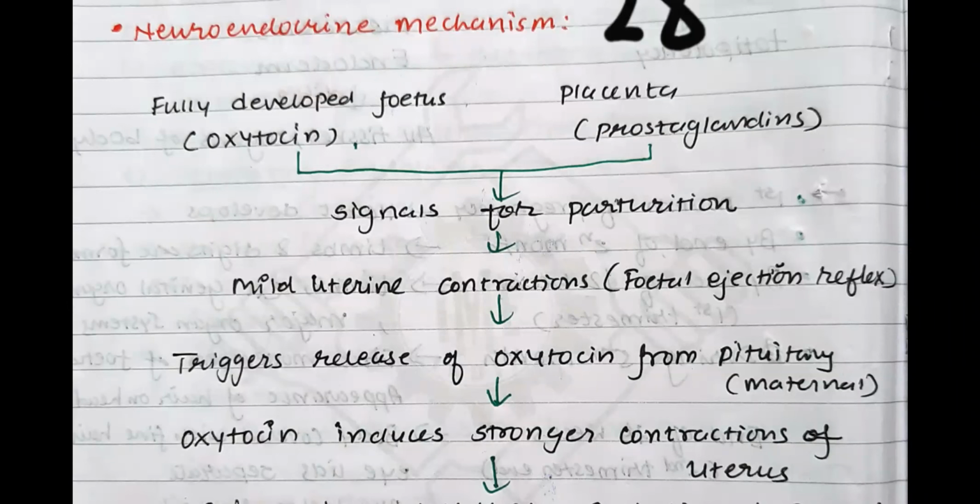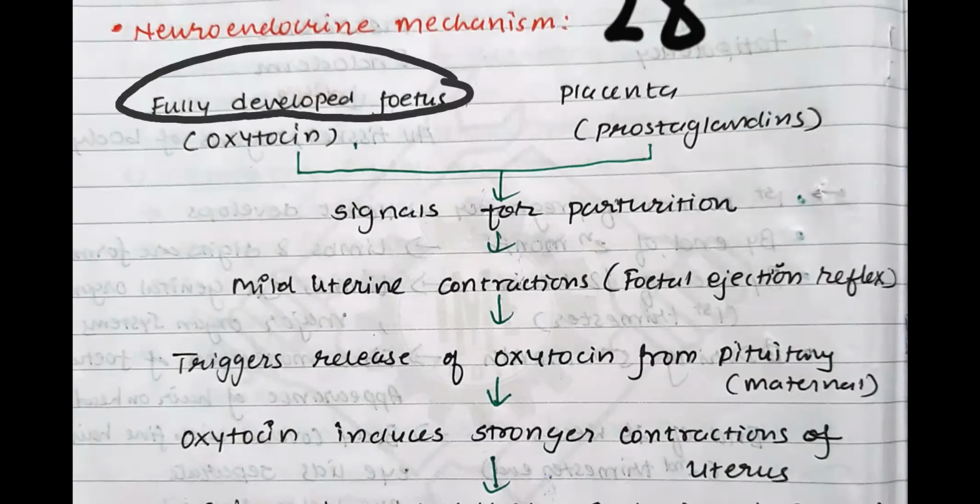Let's assume that the female has completed 9 months of pregnancy. The fetus is fully developed, ready for the birth. So the signal has to come for the birth, and that signal comes from the fully developed fetus.